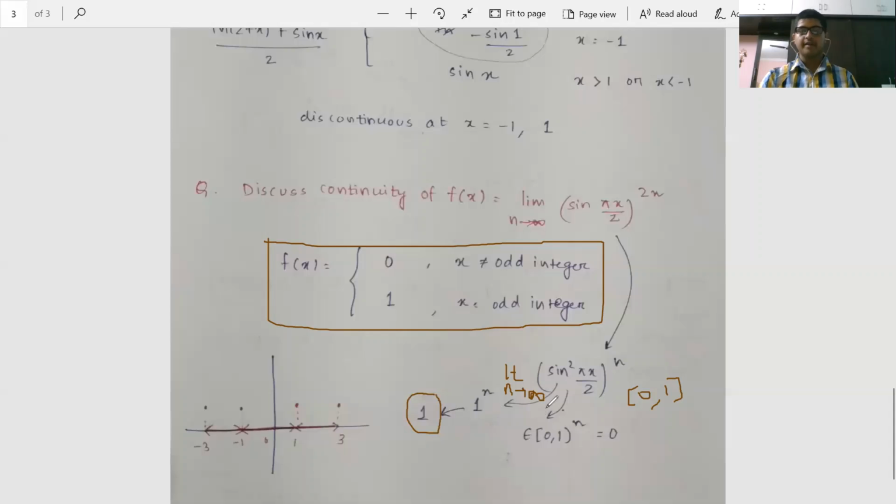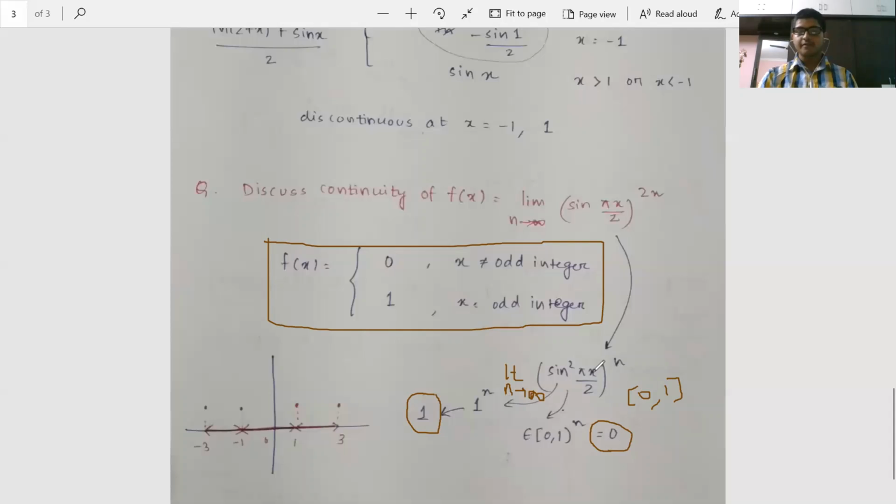But if this sine square pi x by 2 is going to lie between closed 0 to open 1, then taking its infinite power is going to yield the value of function as 0. Clear?